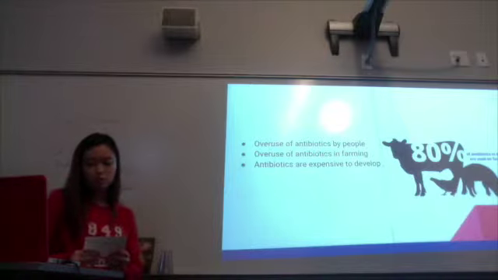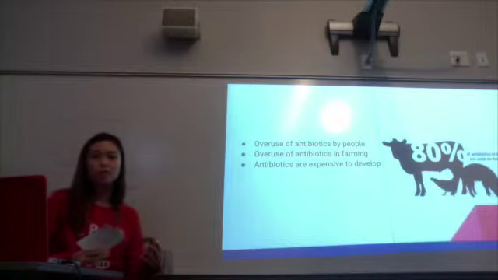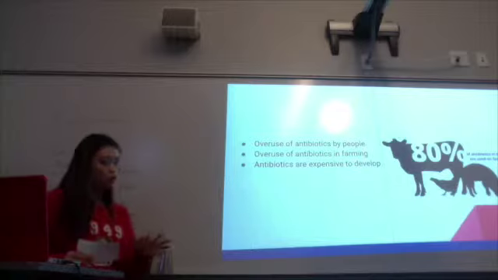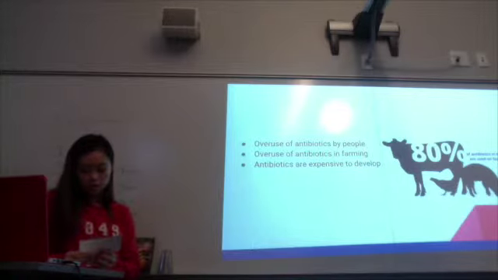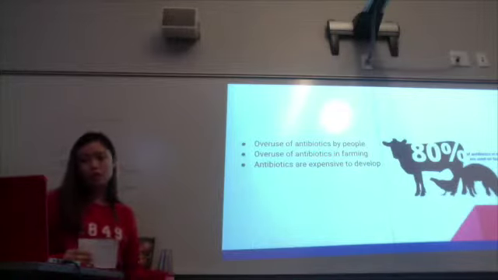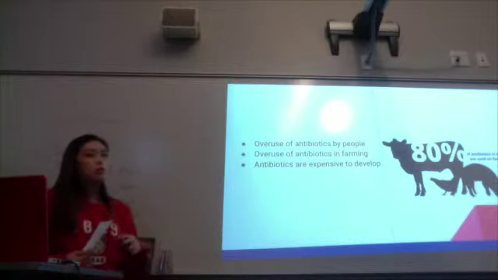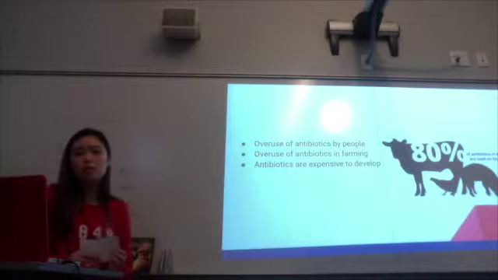Humans also use them as a growth promoter, because the antibiotics kill bacteria and somehow the animals gain weight. And scientists found out that animals have antibiotic resistant genes, which they pass to their offspring, so the problem will remain. Also, the resistant bacteria can eventually pass on to humans if humans eat uncooked food.